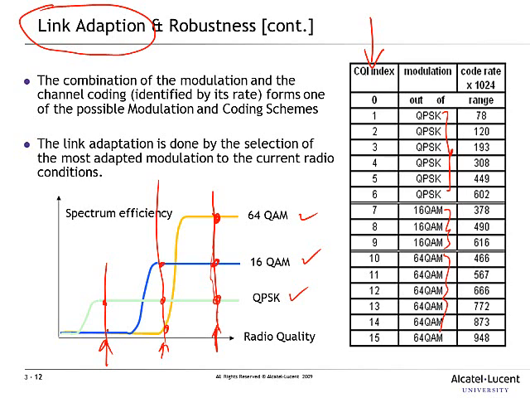15 corresponds to the best possible channel quality, in which case we can use 64 QAM, and we need to put very little data protection. Okay, and you can get maximum data rate in that particular scenario.